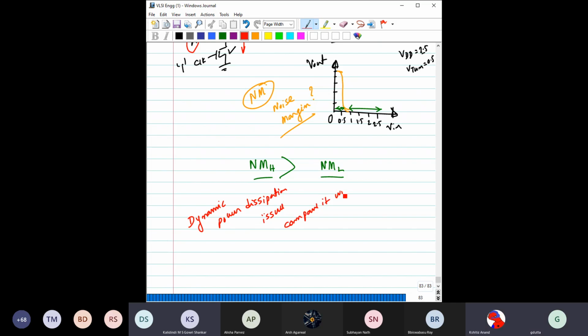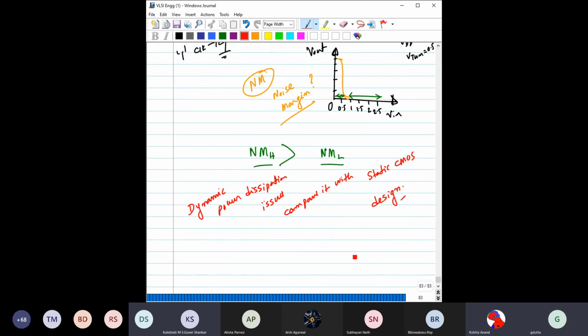Please do compare it with the static CMOS design and see how this can be compared or linked with that of static CMOS design.